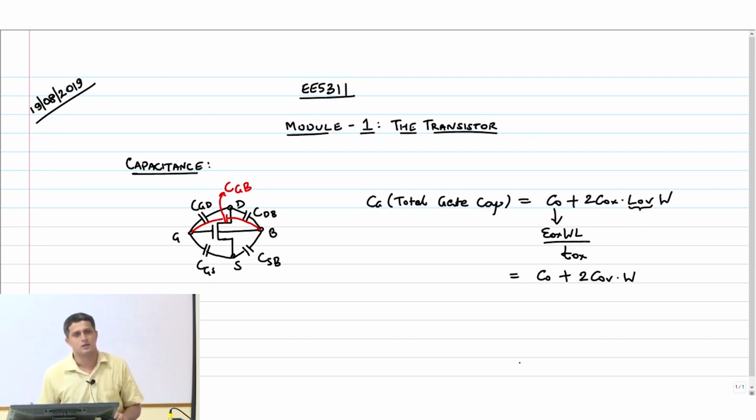okay, and this can be further written as C ox into WL plus 2C overlap into W, okay. Now it does not matter whether you are going to treat this 2C overlap as a technology constant or C overlap as a constant, okay, it is just that maybe a convention, okay.